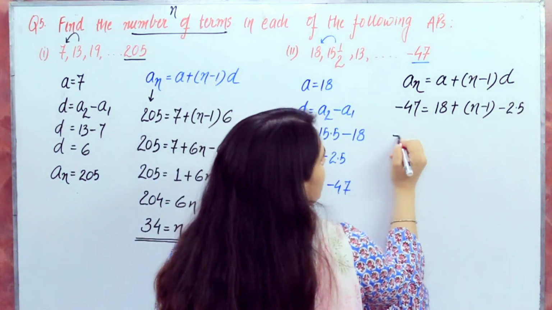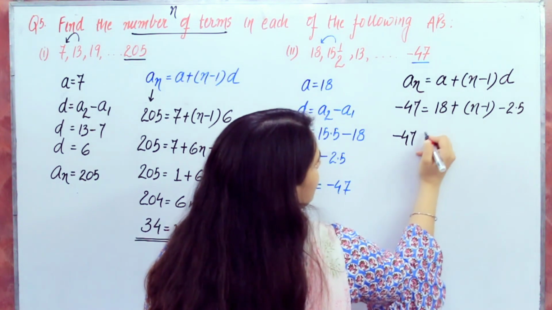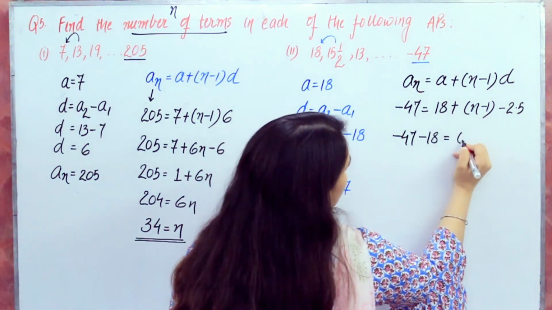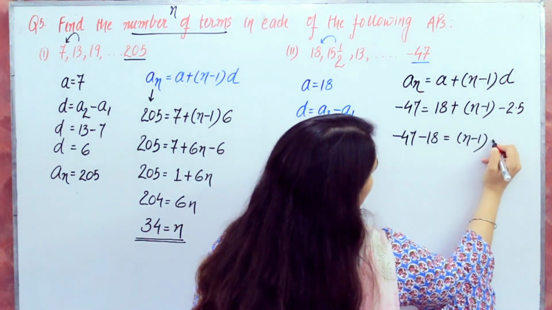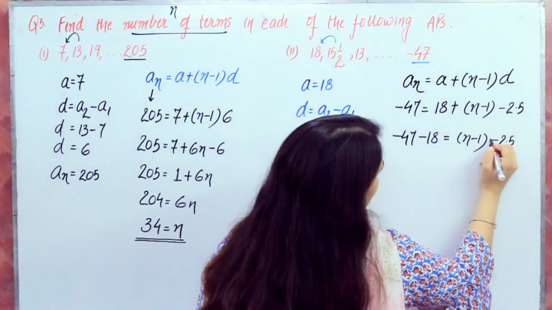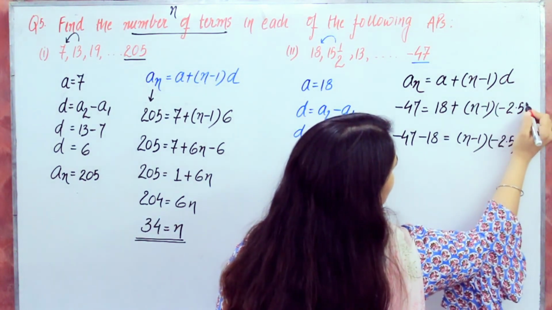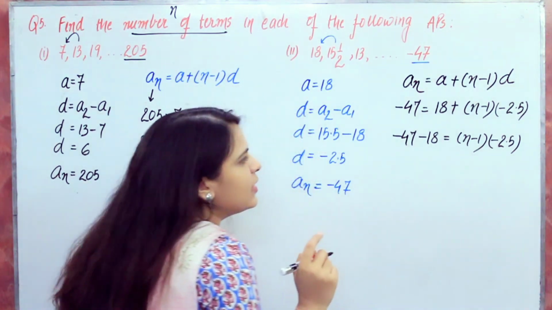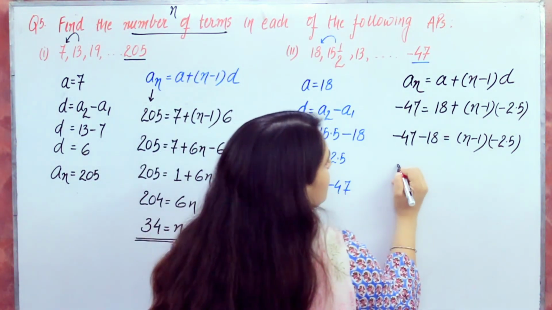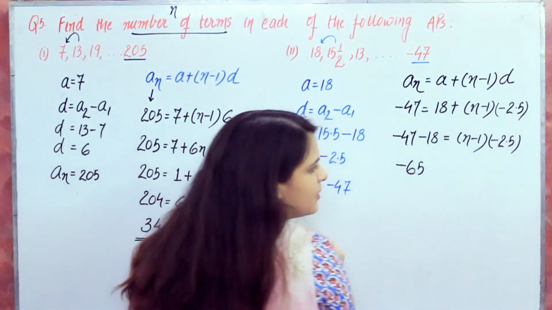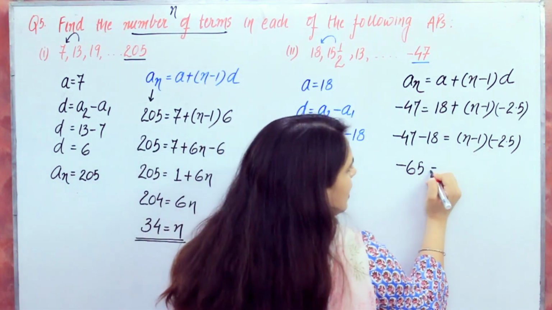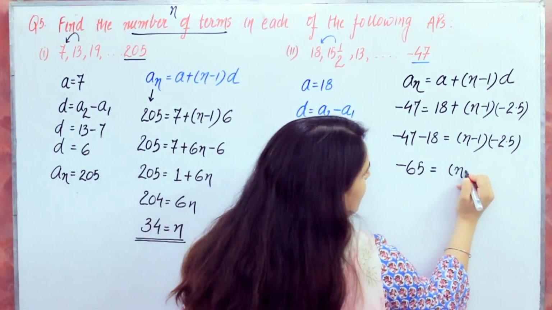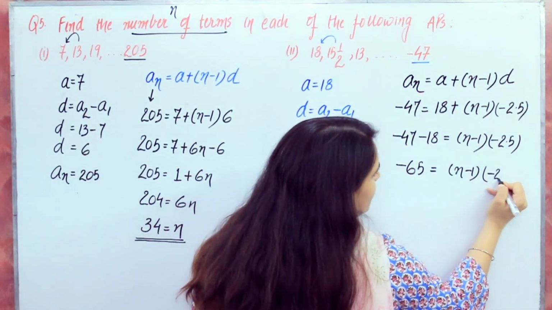So now I'm going to write minus 47 minus 18 is equal to n minus 1 multiplied by minus 2.5. This is in multiplication. Now we have minus 47 minus 18, so this comes out to be minus 65 and n minus 1 multiplied by minus 2.5.